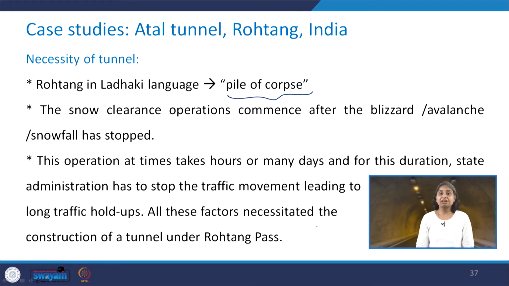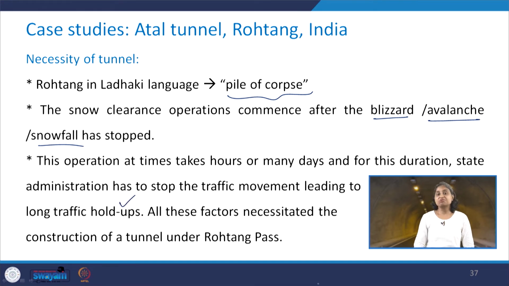The slow clearance operations commence after the blizzard or avalanche or the snowfall has stopped. This operation sometimes takes hours or a few days, and for that duration, the state administration has to stop the complete traffic movement, leading to long traffic holdups.